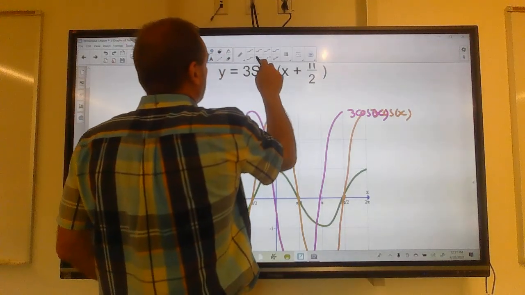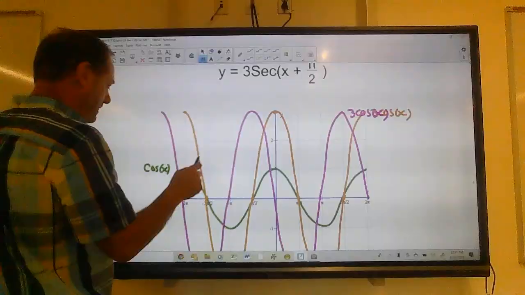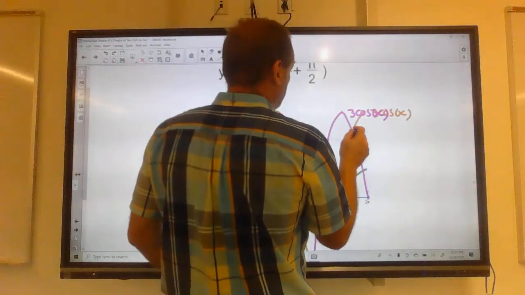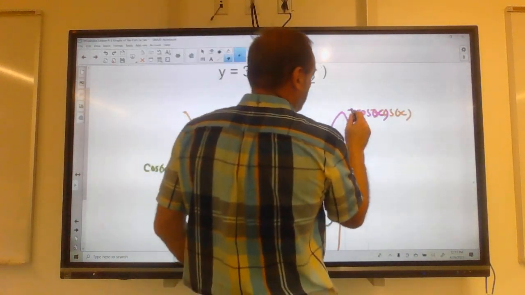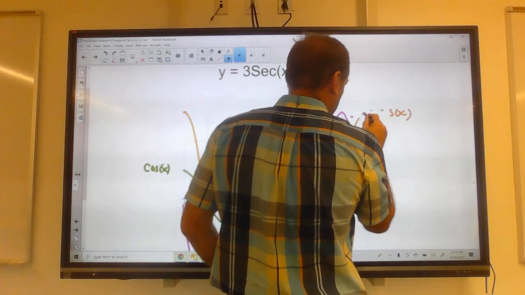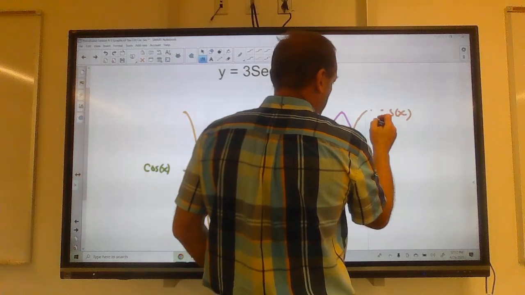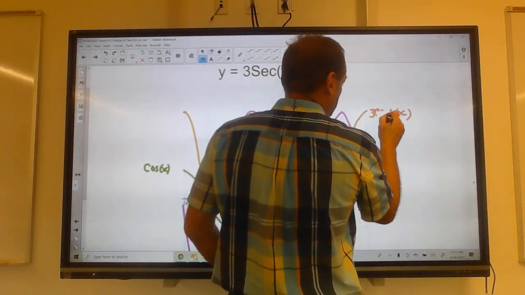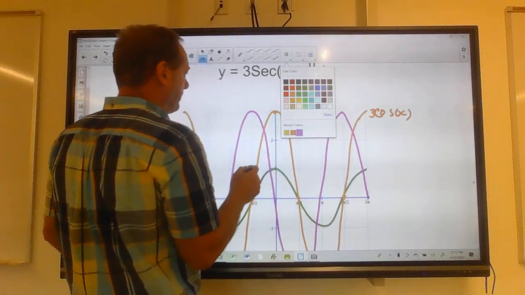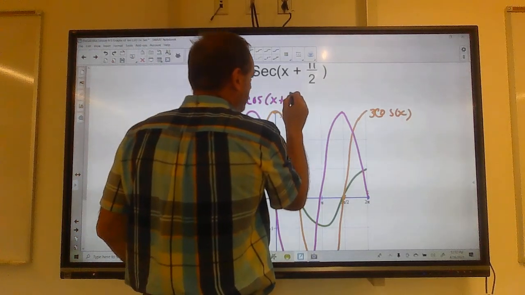So this is going to go here, and I don't need that part over there. This is going to be tough. I have to redo part of this. So then this purple one here is going to be 3 cosine x plus pi over 2.